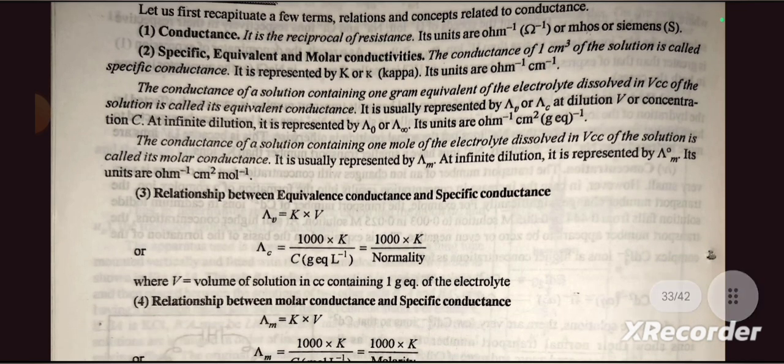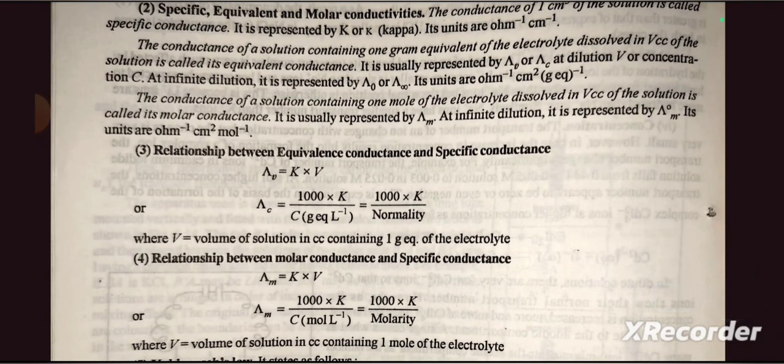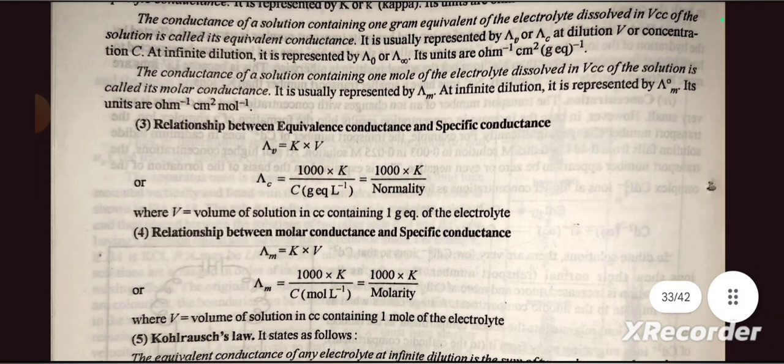The conductance of a solution containing 1 gram equivalent of the electrolyte dissolved in V cc of solution is called its equivalent conductance. It is usually represented by lambda V or lambda C at dilution V or concentration C. At infinite dilution, it is represented by lambda naught or lambda infinity.